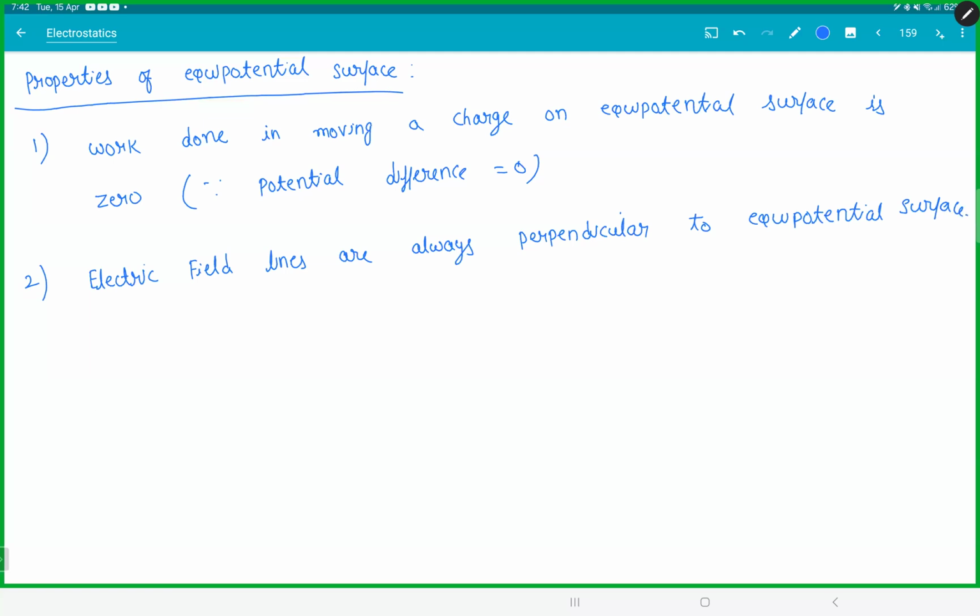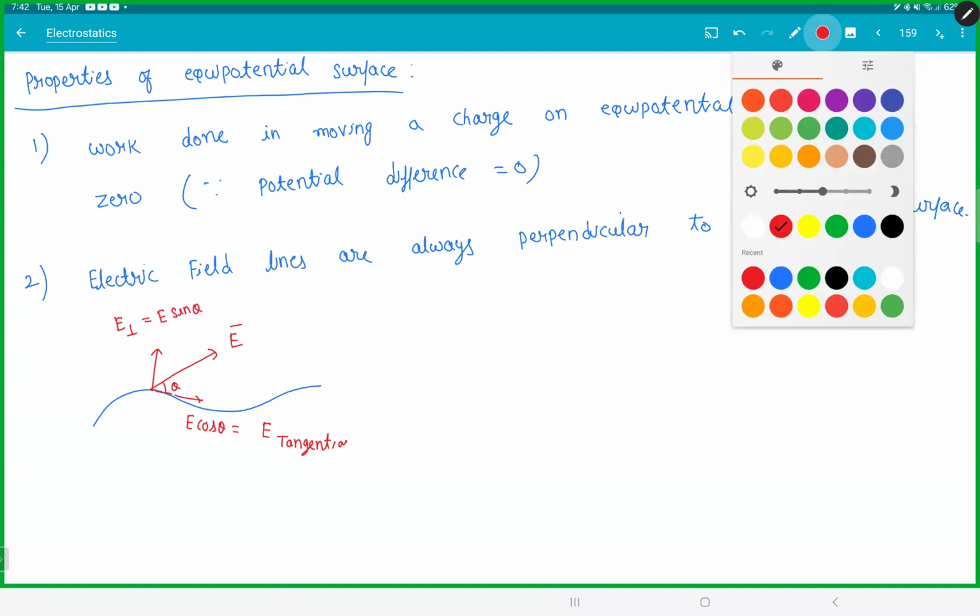Why is that? Think about it. Suppose you have an equipotential surface like this, and you say there is a field E like this. I can take a component here, E cos theta, which is the tangential component. We can take the perpendicular component, E perpendicular, which is E sin theta.